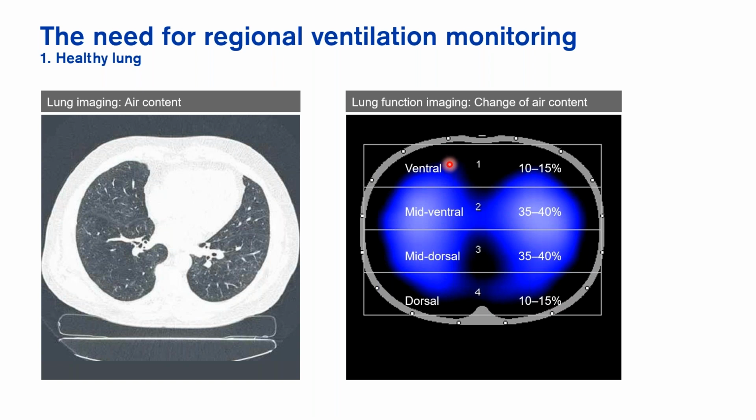So basically, if your patient is in supine position, the dorsal areas would be the ones that are closer to the patient bed. So those are the dependent regions of the lung that are potentially prone to collapsing in the patient with ARDS.